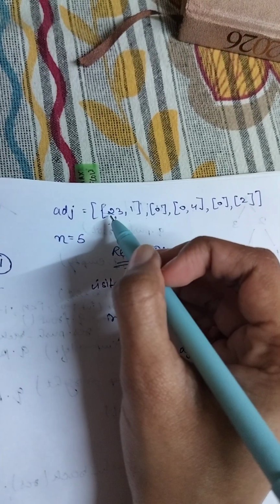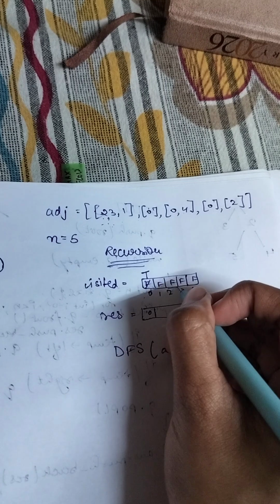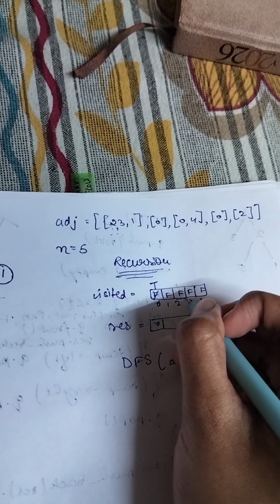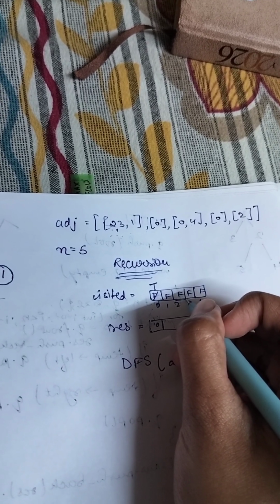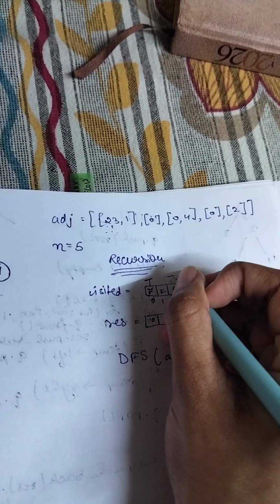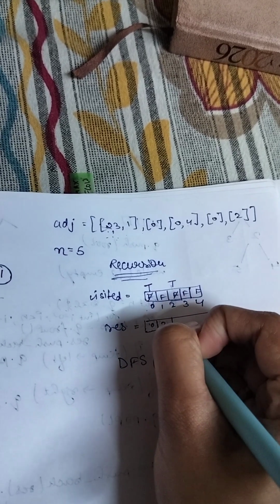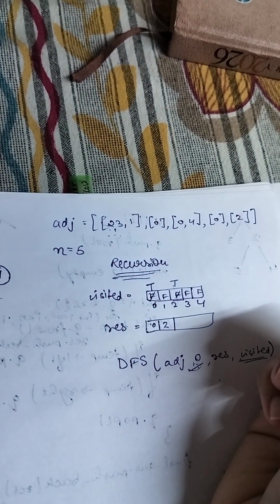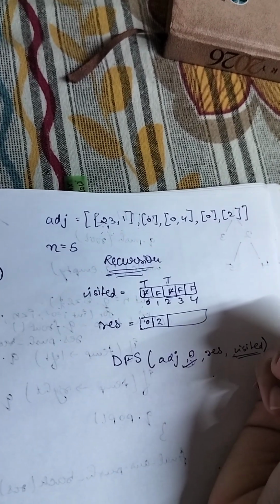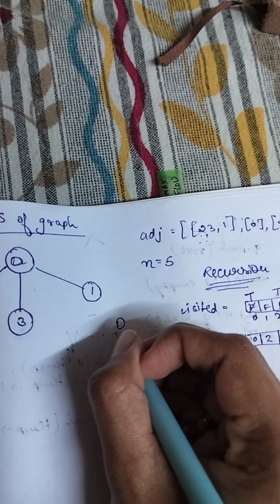So it is given 2 here. You see here 2, it's not visited since it is false. So I'm going to do a recursive function of it. First of all, I'm going to make it true, and then I'm going to add it here. Now see, I started from 0, now I came to 2.